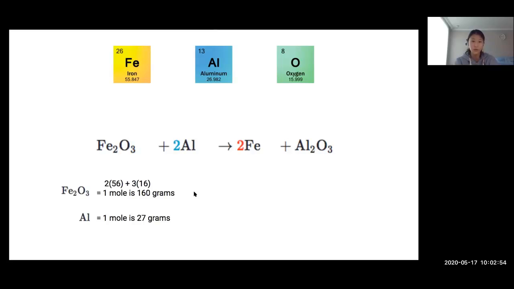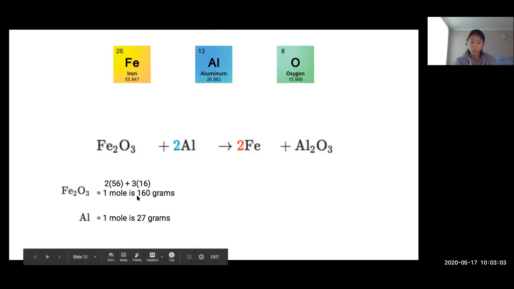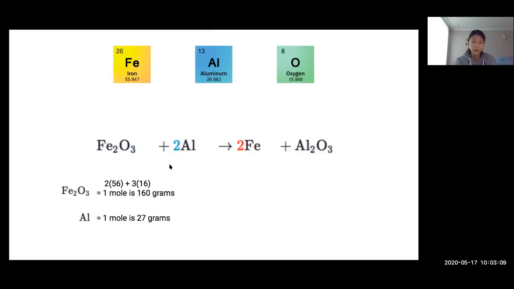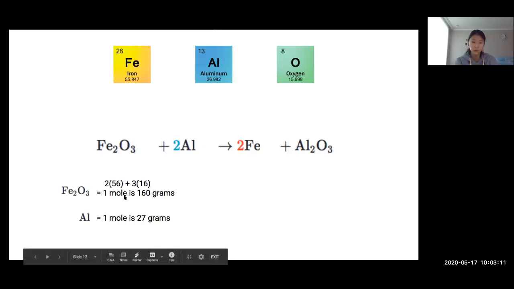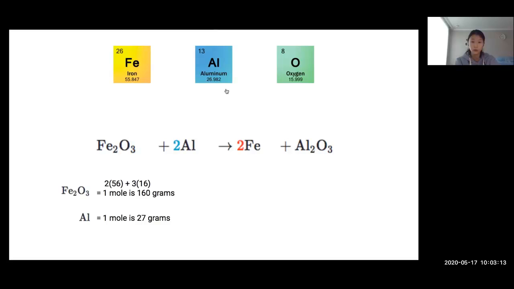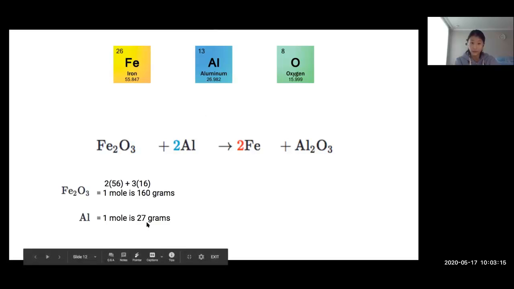Remember that 1 mole of a substance is always equal to the atomic mass of the substance. So 1 mole of Fe2O3 is 160 grams of Fe2O3. Then we look at aluminum. Aluminum on the periodic table is roughly 27 atomic mass units, so 1 mole of aluminum would be 27 grams of aluminum.